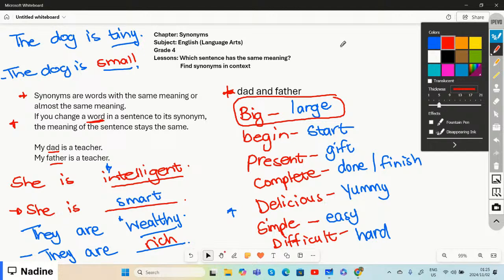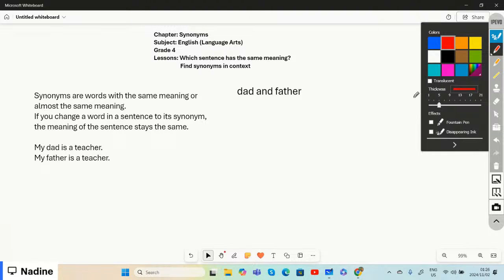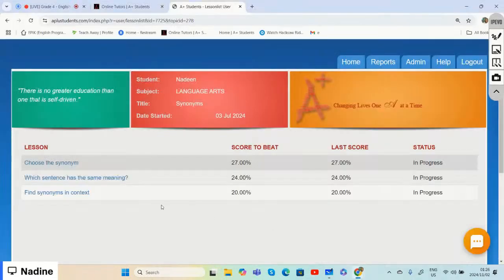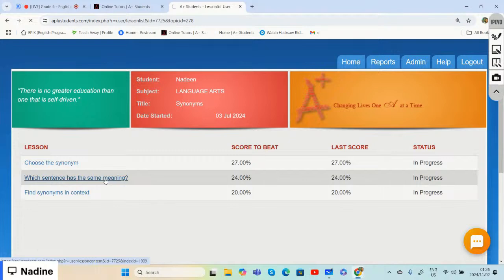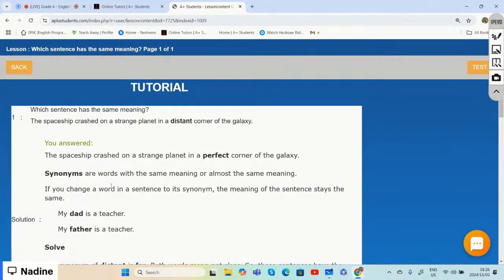All right, so now we're going to A plus students.ca, and we're first going to say which sentence has the same meaning, and then we're going to find synonyms in context. We can say small or you can say little.